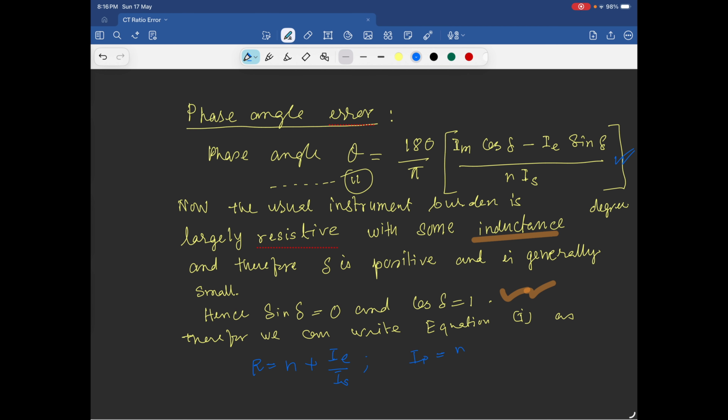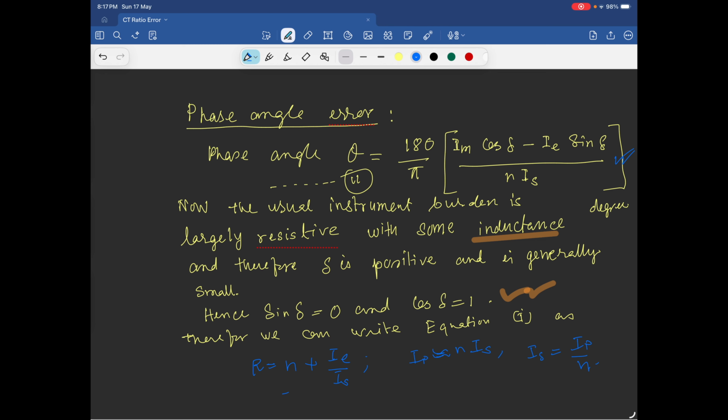Now IP is almost equal to NIS. So from that I can write IS is equal to IP by N. Now put these values over here.